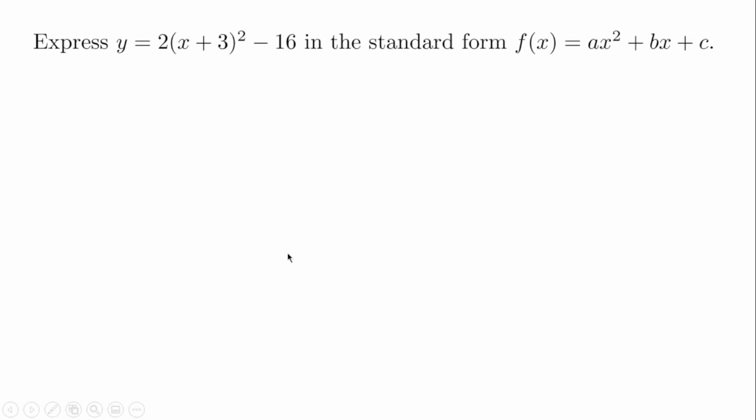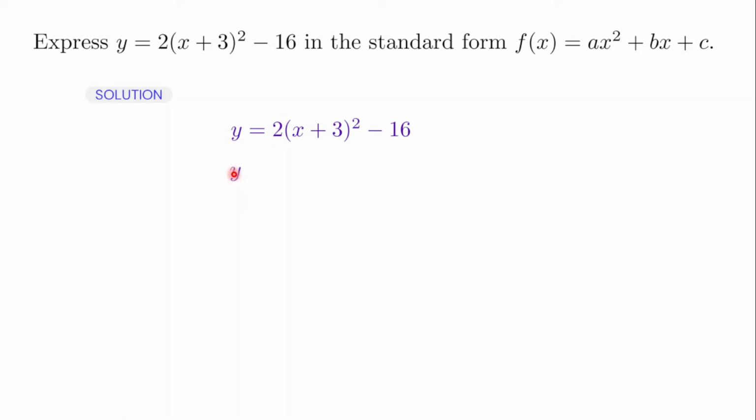Okay, next example. Express y equals 2 times the quantity x plus 3 squared minus 16 in the standard form f of x equals ax squared plus bx plus c. So again, take note, f of x, that is the same as y. Okay, so for our solution, first, we square x plus 3 before we multiply the product to 2.